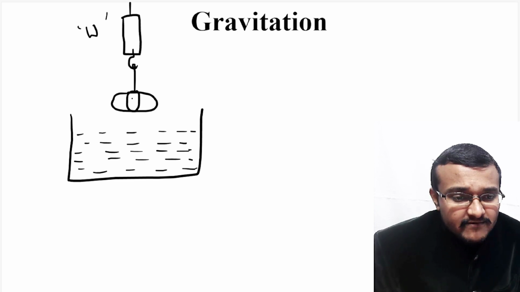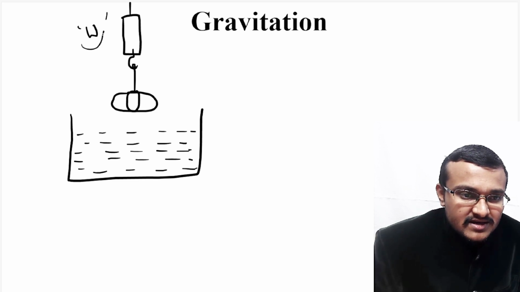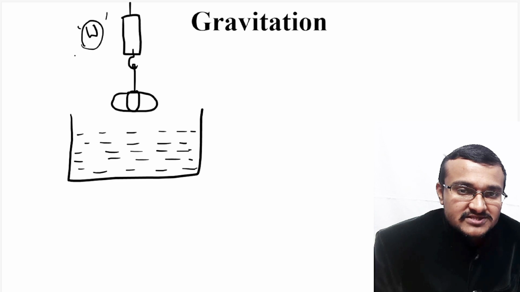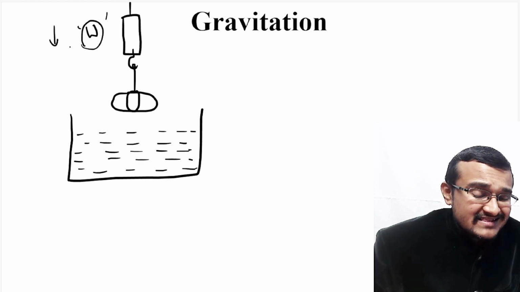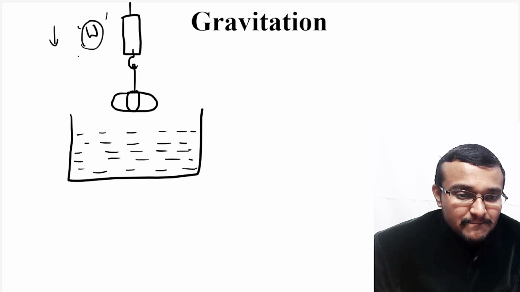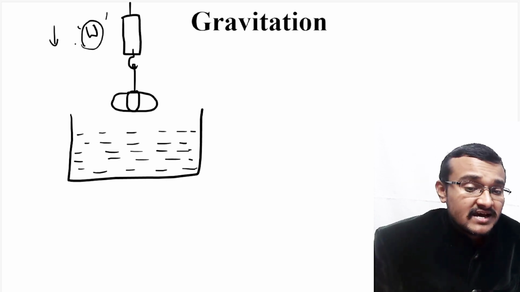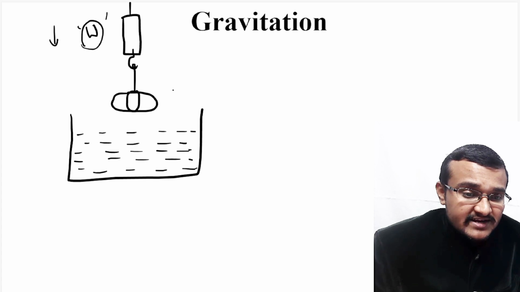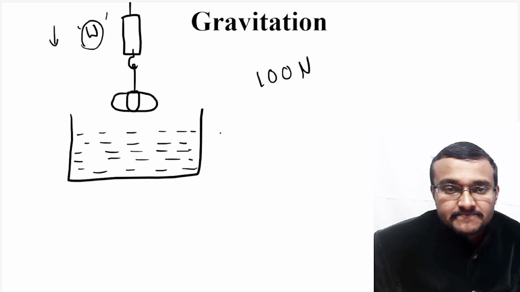Now when this stone is slowly immersed in the container of water, the weight displayed on the weighing balance will go on reducing, and when the stone is completely immersed, the weight will become stagnant. Initially, let's say the stone has 100 Newton weight.